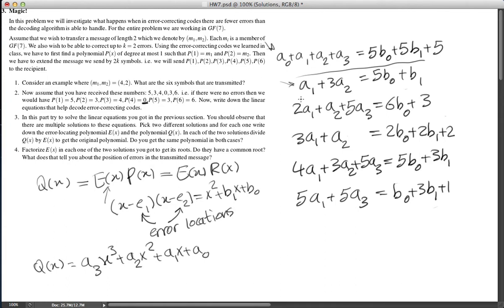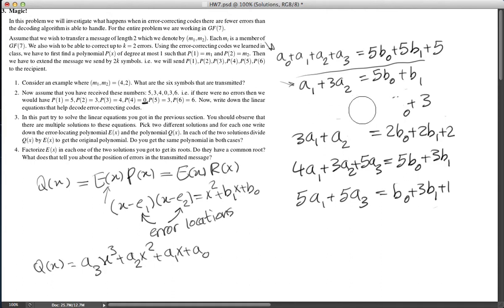Now we have to subtract appropriate multiples of the second equation from the other equations. For example, we have to subtract 2 times this equation from the third equation. And we have to subtract 3 times it from the fourth equation. Okay, let's go ahead and do this.